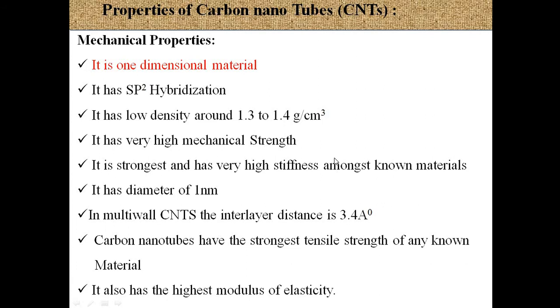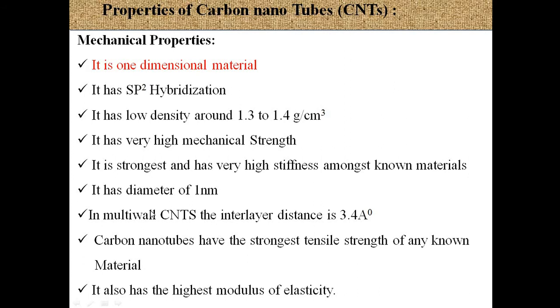This is a very interesting property from the application point of view. This carbon nanotube is the strongest material and has very high stiffness among the known materials. Among all the known materials, this material has the highest stiffness and highest strength. It has a diameter of 1 nanometer.